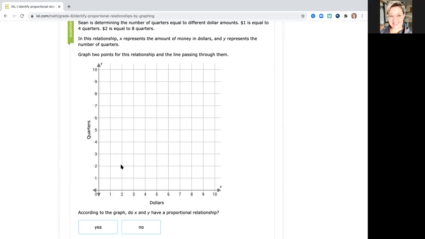So what you would do in this situation is you can look here and say, okay, well, if it's $1, it's 4 quarters, and we would have a point here. I'm going to add this to my document camera, and I'll show you what it would look like if you went through and graphed it.